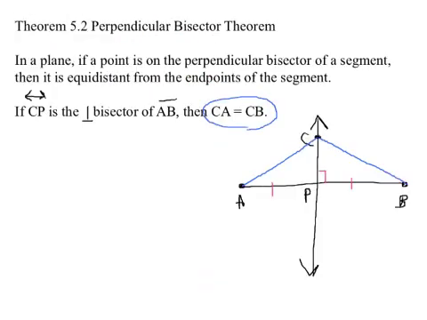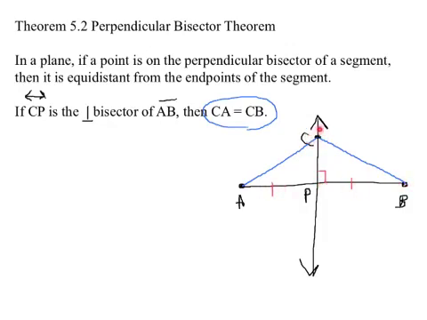Next, Theorem 5.2, the perpendicular bisector theorem. It says a lot of what we just said. In a plane, if a point is on the perpendicular bisector of a segment, then it is equidistant from the endpoints of the segment. This is a perpendicular bisector because it's perpendicular and it cuts a segment into two equal parts.